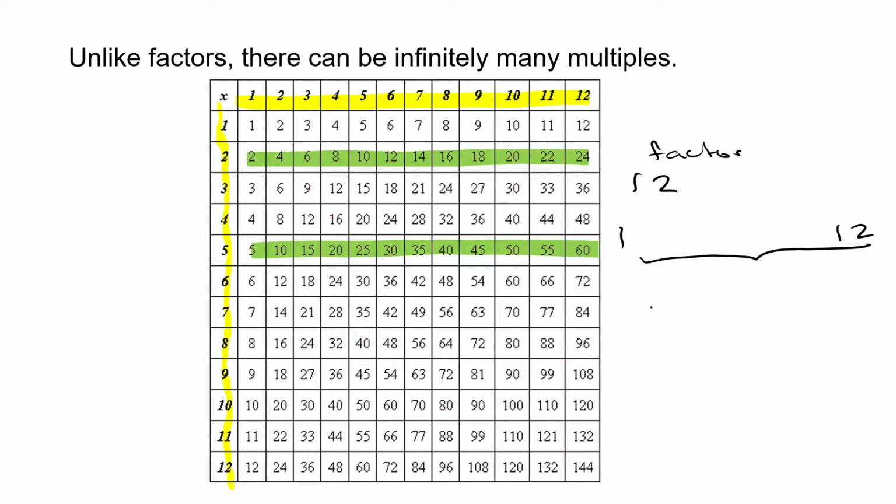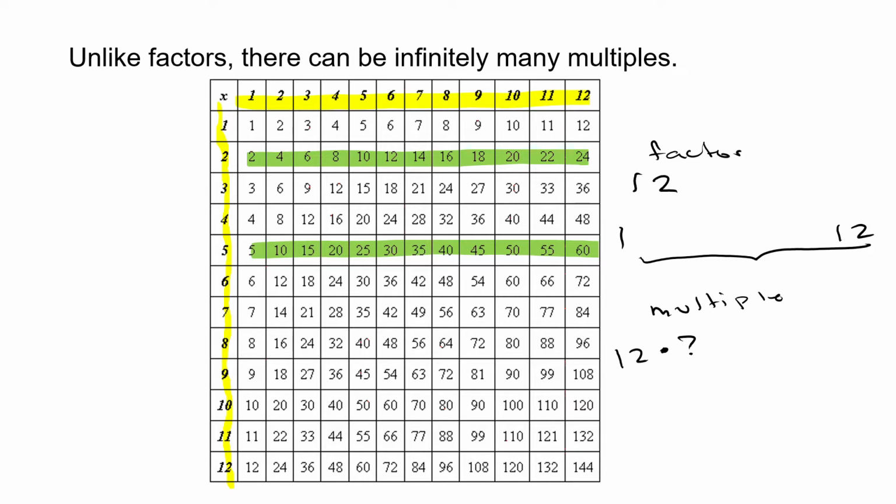However, for multiples, we're just multiplying 12 times some number, a variable. It can be 1, 2, 3, 4, 5, and so forth. It can be 1 billion, and 12 times 1 billion, 12 billion, is a multiple of 12. Hopefully that clears up the difference between multiples and factors.